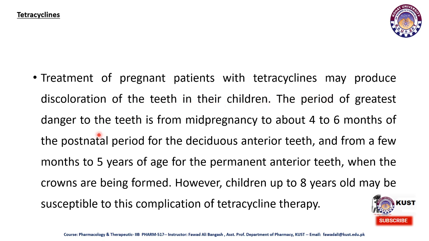The period of greatest danger is from mid-pregnancy to 4 to 6 months of the postnatal period for the deciduous anterior teeth, and from a few months to 5 years of age for the permanent anterior teeth. When the crowns are being formed, children up to 8 years old may be susceptible to this complication. So tetracycline should be contraindicated in children under 8.